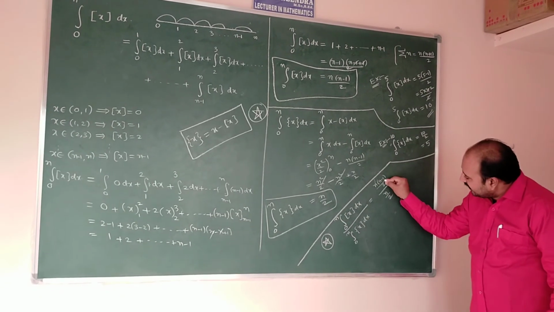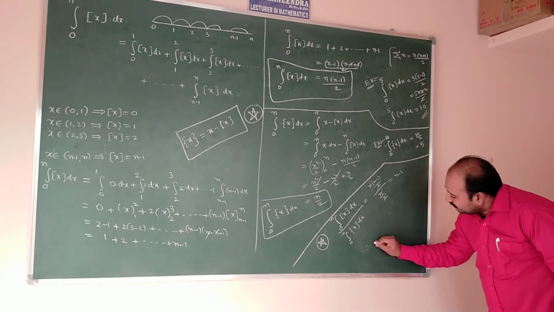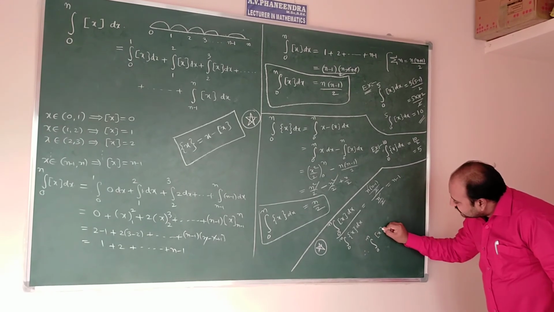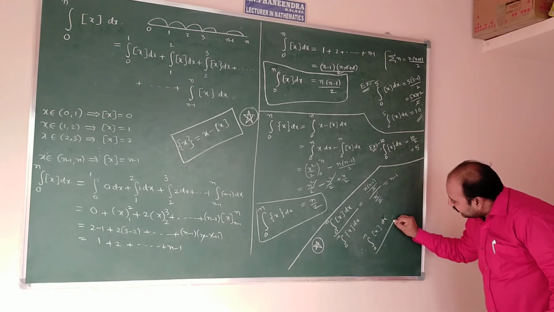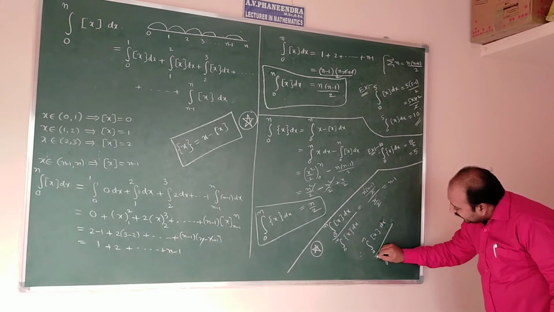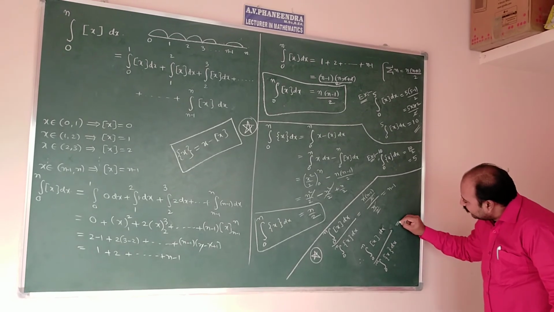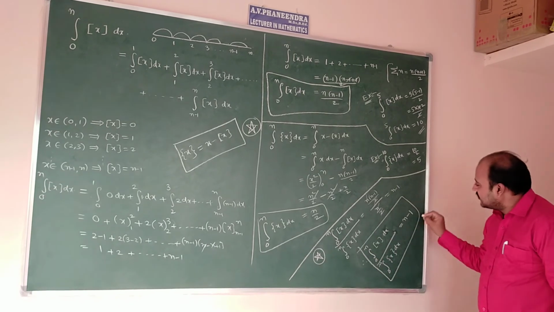So here n by 2, here n by 2 get cancelled, which is equal to n minus 1. Therefore, integral 0 to n step x dx all divided by integral 0 to n fractional part of x dx is equal to n minus 1. Here also you can take some examples based on this.